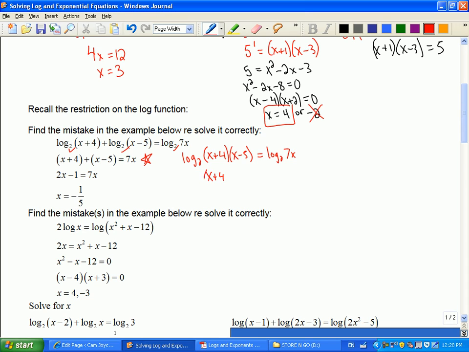X plus 4, oops, times x minus 5 equals 7x. So that gives me x squared minus 8x minus 20 equals 0. And I can factor that to negative 10 and 2.